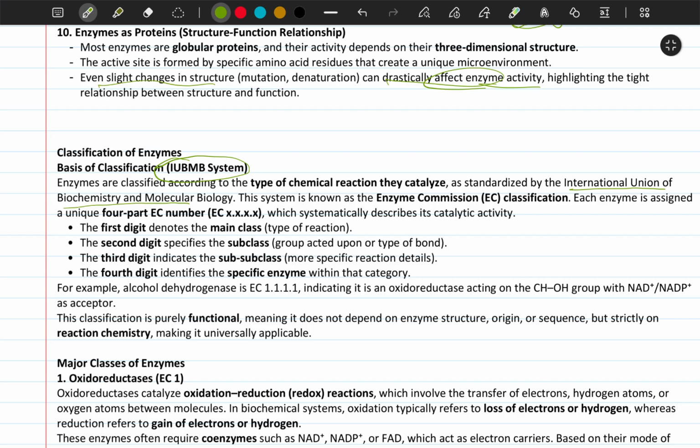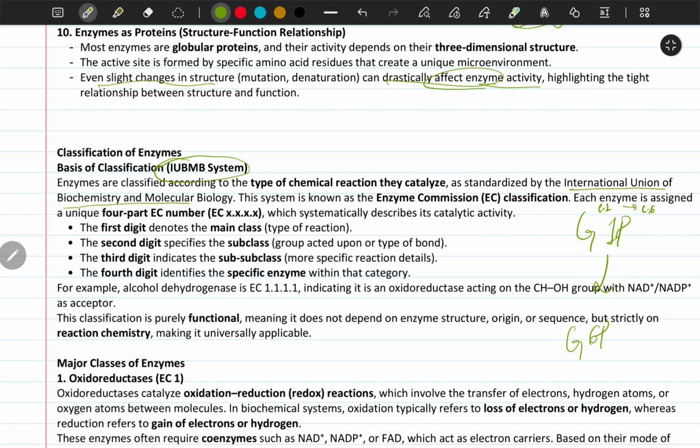Enzymes are classified according to the types of chemical reactions they catalyze. There are different types of chemical reactions we have been studying since senior years, like displacement, double displacement, hydrolysis, and redox reactions where electrons and protons are exchanged. In organic chemistry, we see groups go from one carbon atom to a different carbon atom, which is a change in group, like making glucose 6 phosphate from glucose 1 phosphate, where the phosphate moves from carbon 1 to carbon 6.